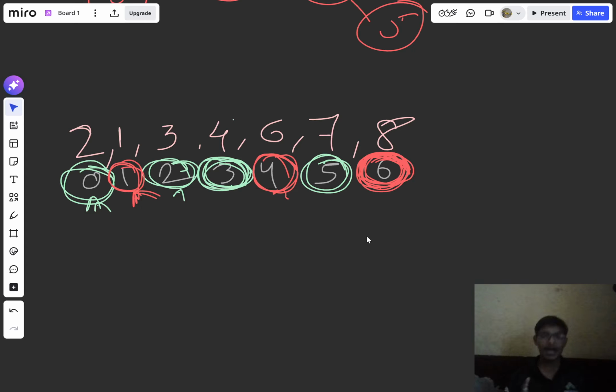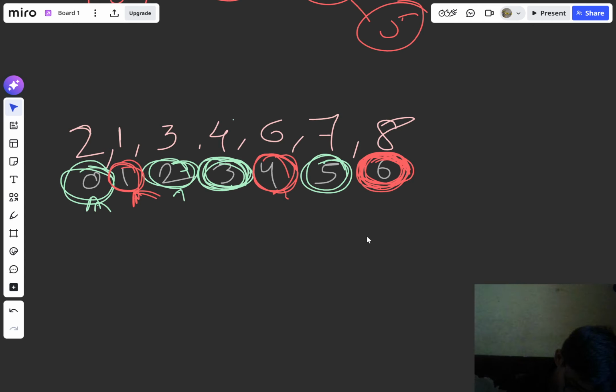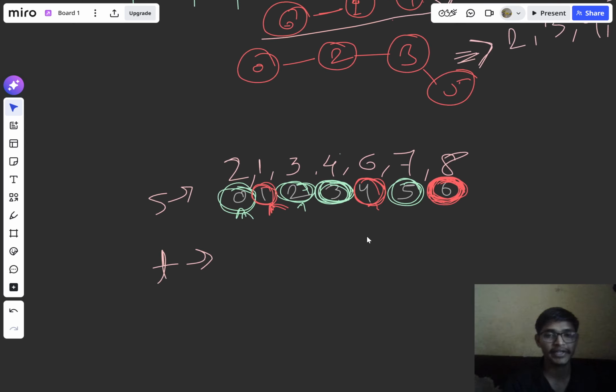I have marked every graph node as the indexes, and now let's discuss what will be our target. So this is our source array, and now let's discuss our target array.